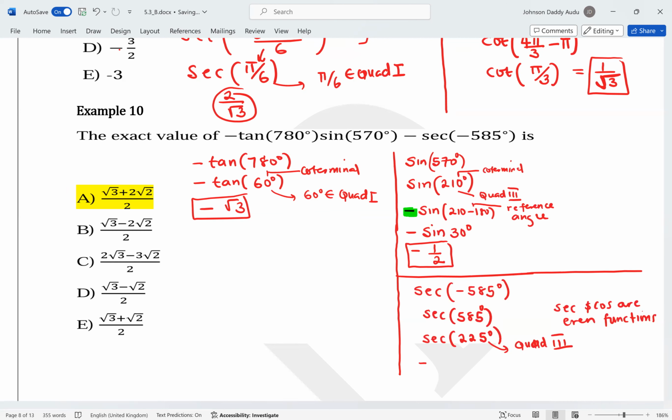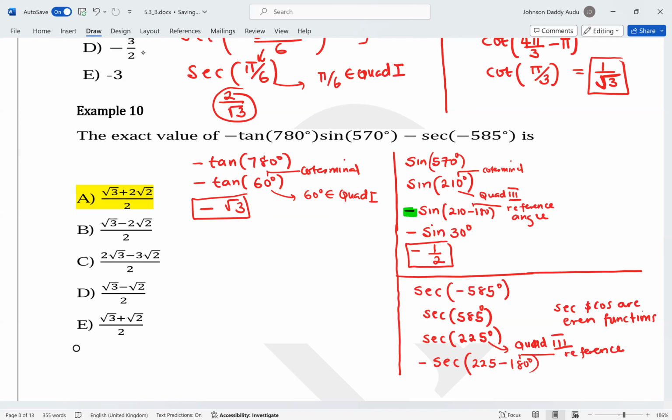So this is going to be negative sec of what? In quadrant 3, the reference angle is going to be 225 minus 180 degrees. So now this is the reference angle.